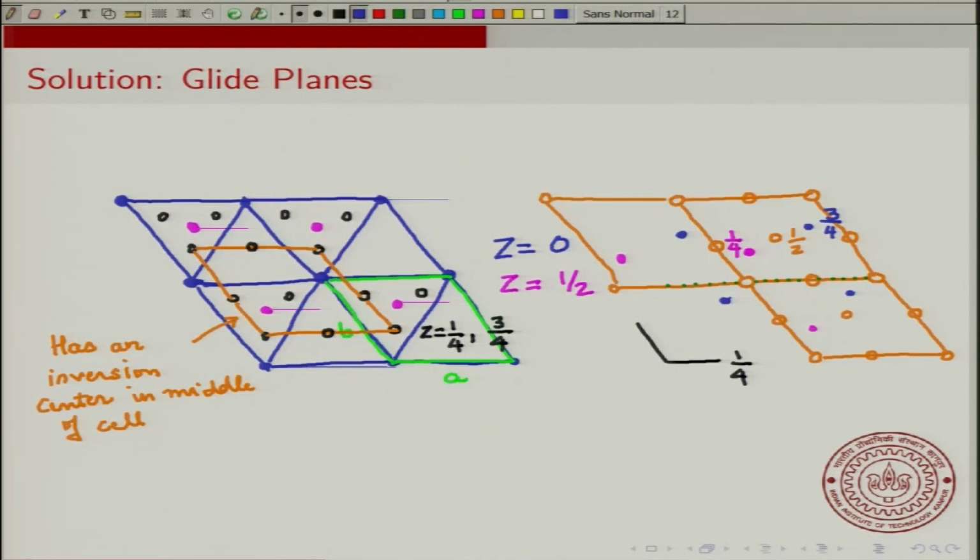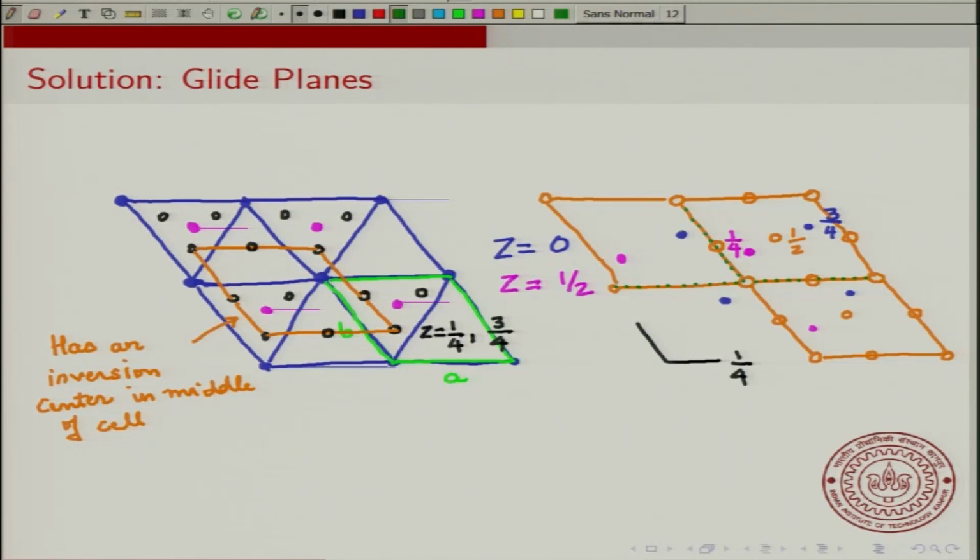So, you can see that if you reflect this point and translate along this line, if you reflect about this plane and translate along this line, you will end up with this point. Similarly, there is a glide plane in this direction. There will also be a glide plane this way, a glide reflection. You can see that if you reflect, this point will come directly here.